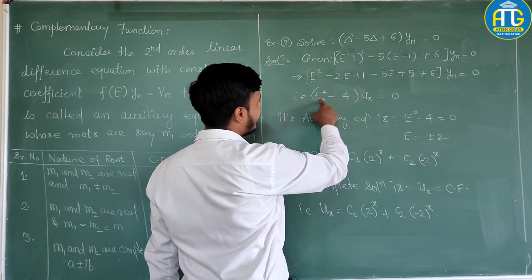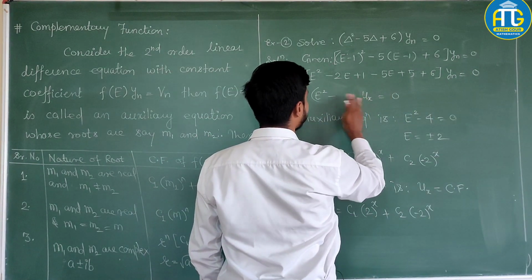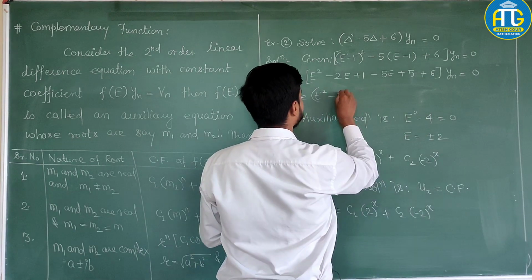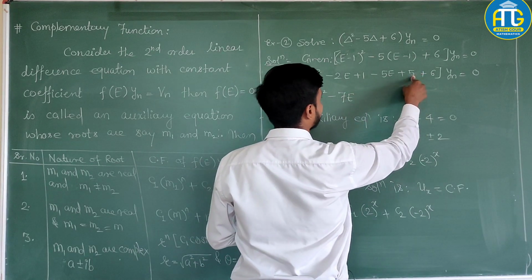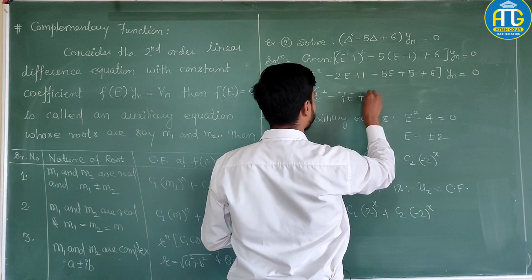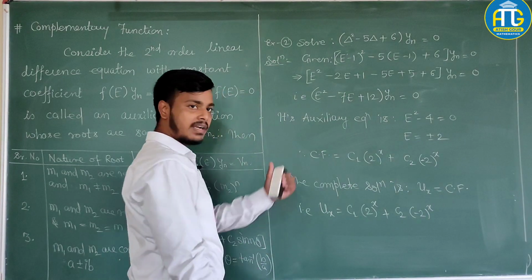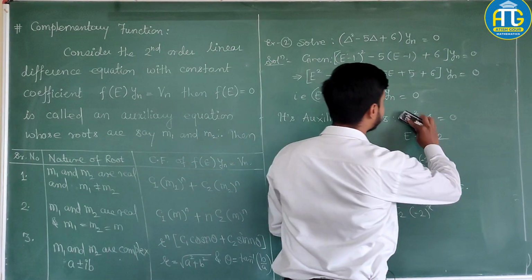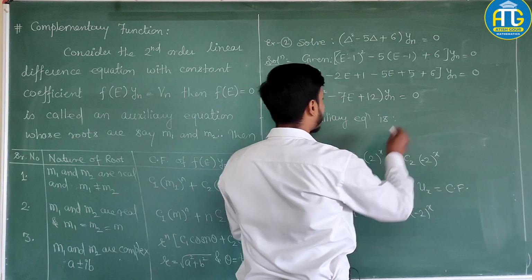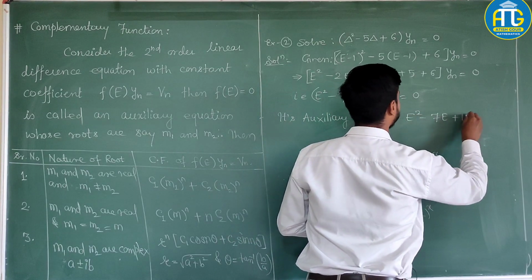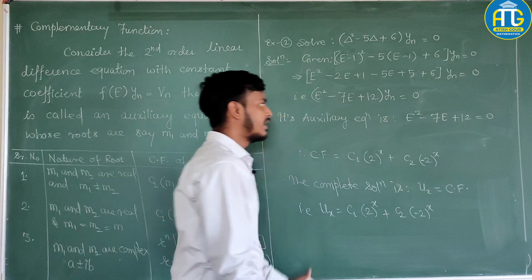That is e square minus 7e plus 12 operating on y is equal to 0. Write down its auxiliary equation. Its auxiliary equation is e squared minus 7e plus 12 equal to 0.